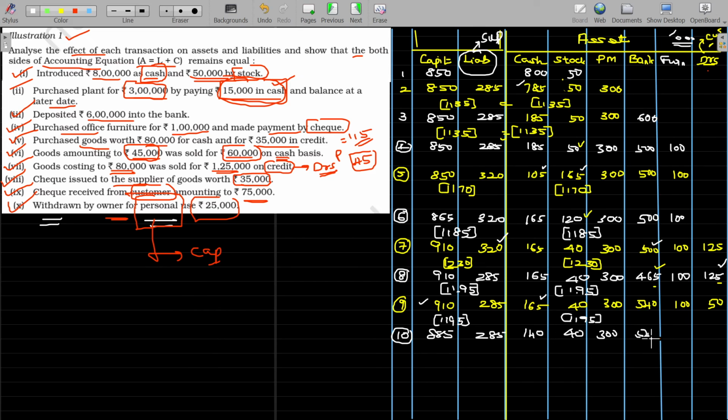Okay. Now finish up totaling both the liability side as well as the asset side. The total being 1170. So 1170 is the total on both sides. Clear?